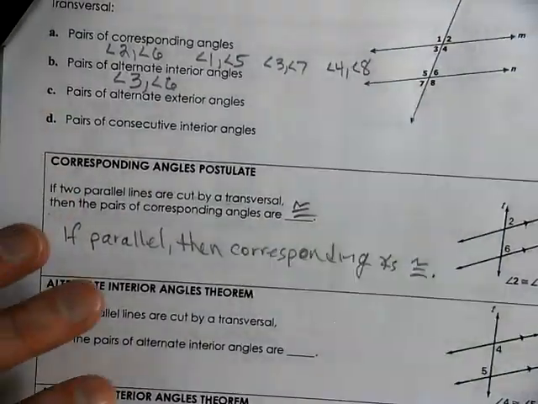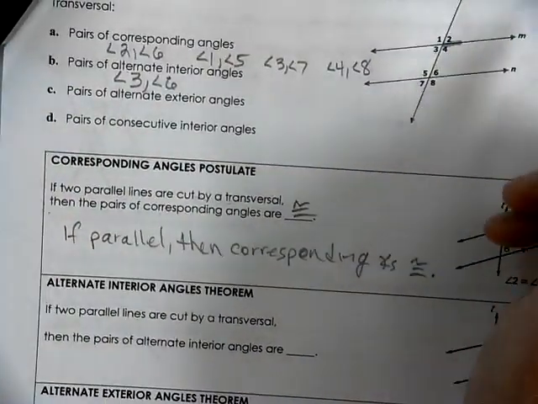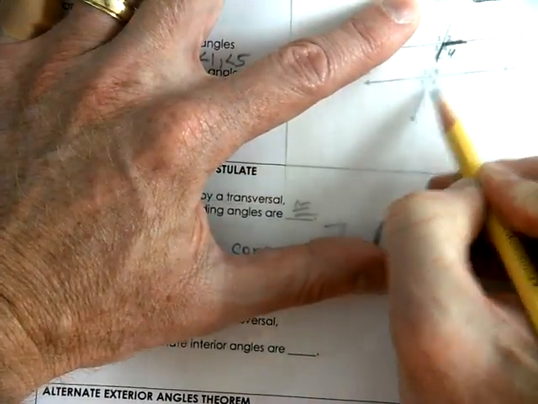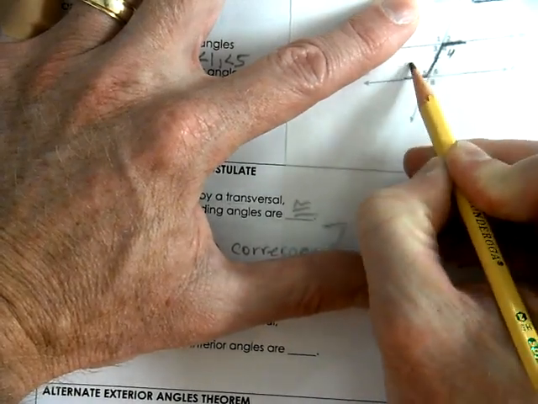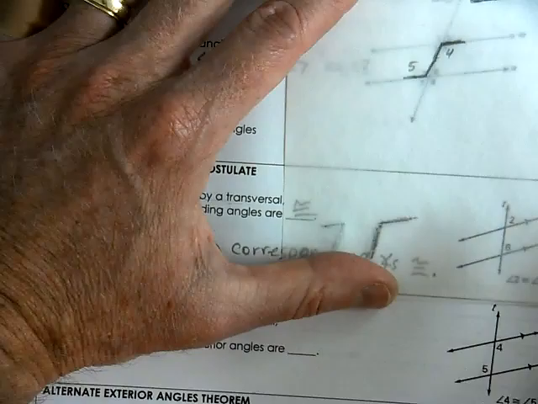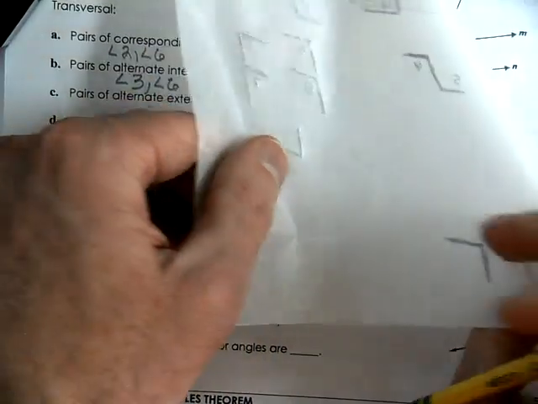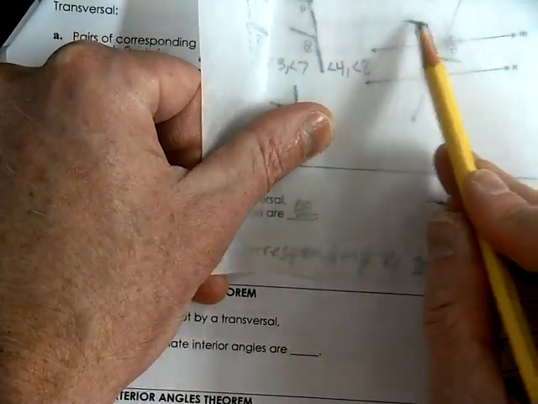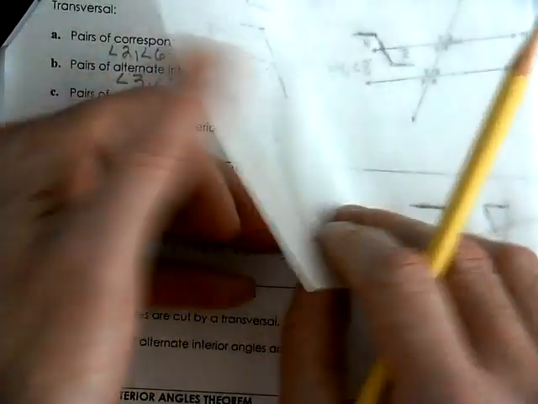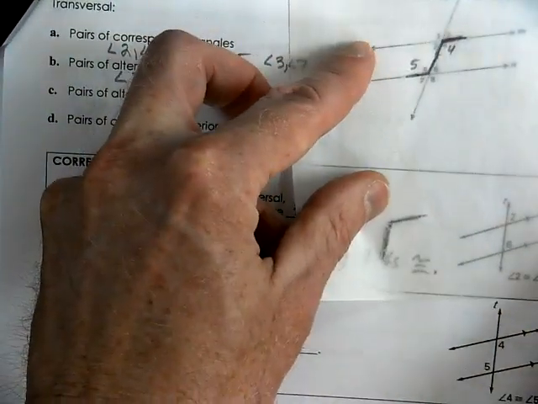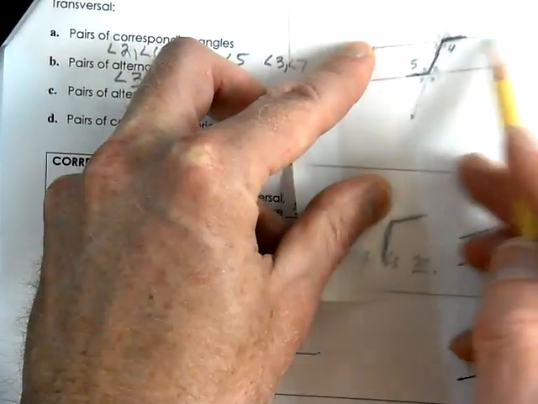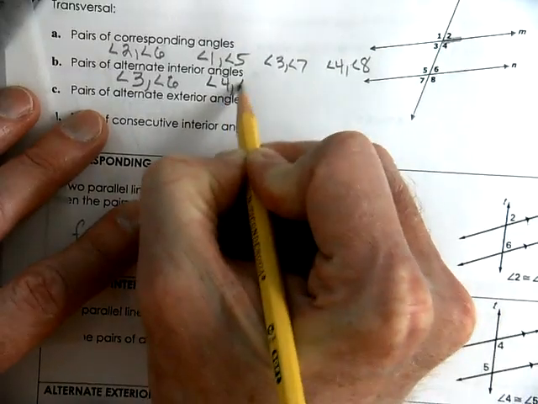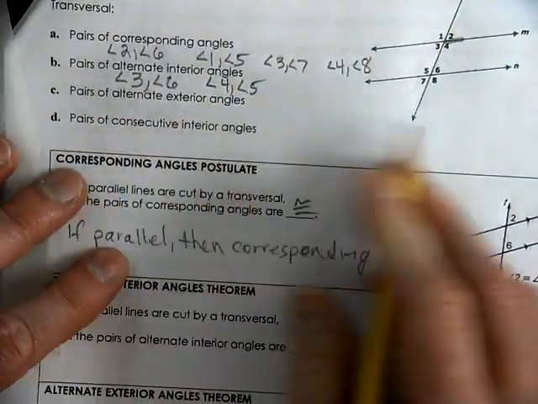Is there another pair? Angle 4 and angle 5. Now for this to really be a zigzag, we have to, I guess it is a zigzag, but to make it a Z, the letter Z, we did have to flip it over. But it is a zig and a zag. Anyway, 4 and 5 are alternate interior angles.